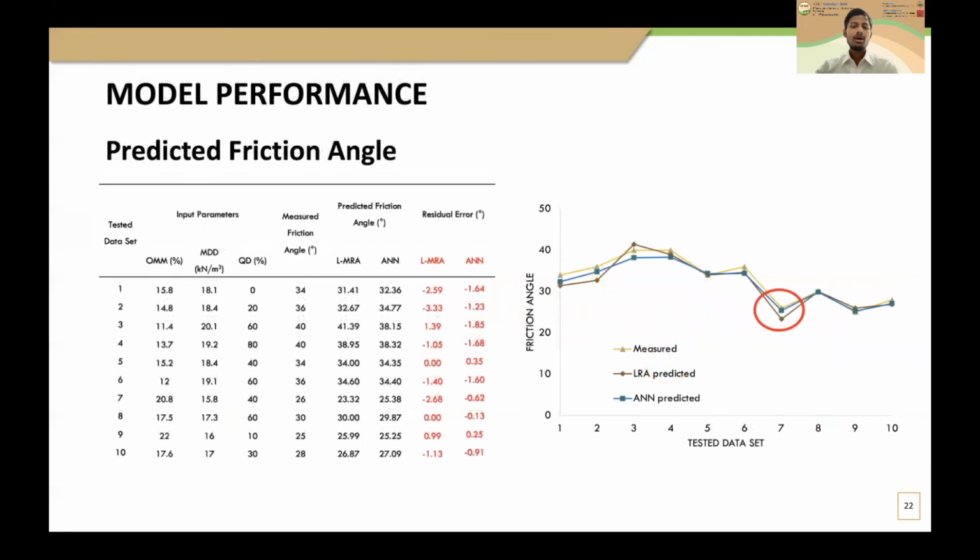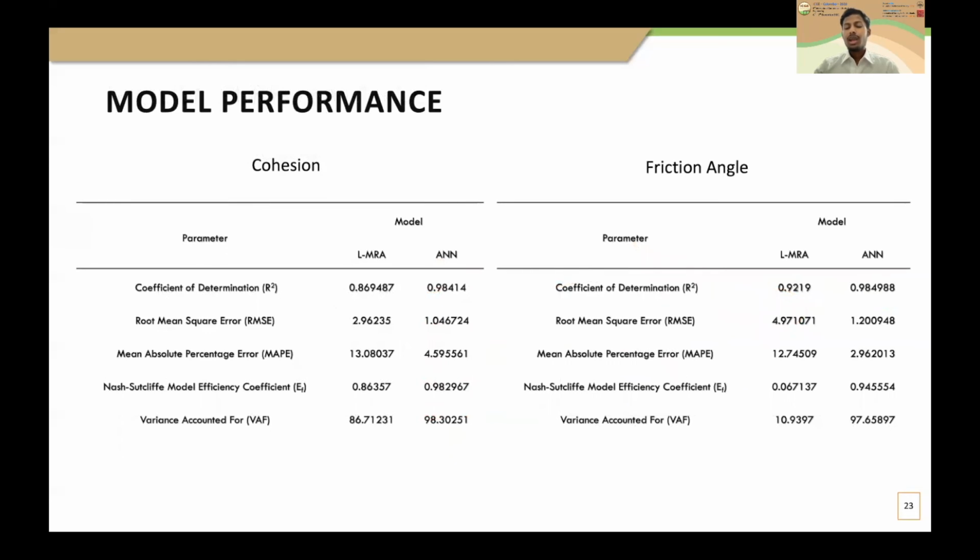Here I have calculated the residual error for friction angle also. As you can see, the LMRA predicted value is way off, whereas the ANN predicted value is almost in line with the measured value. Until now, we have only compared the R-square values.